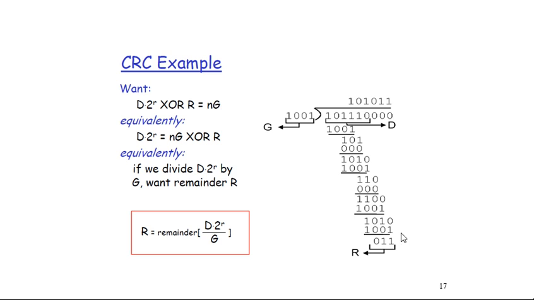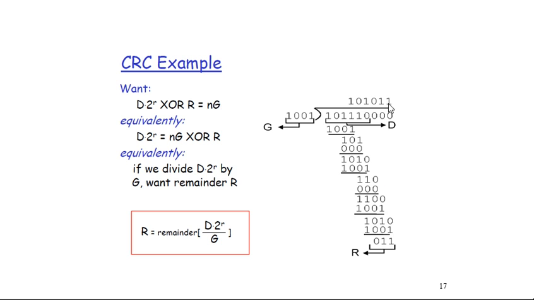Now what you will do is append the remainder 011 to 101110. So your data, this 6-bit data, plus the 3-bit remainder, you will send all this. Why will you send it?